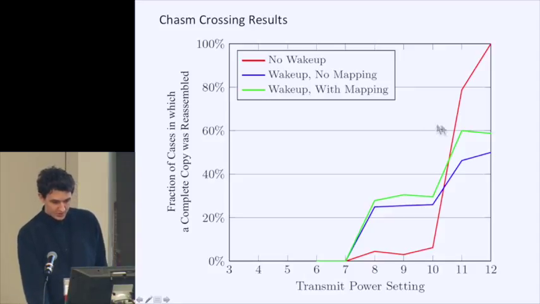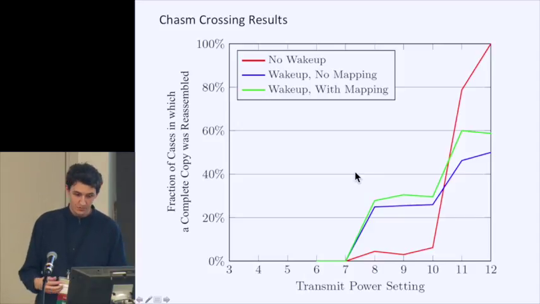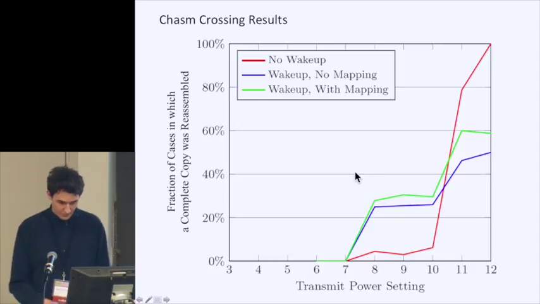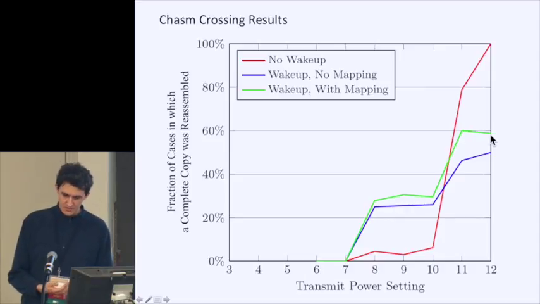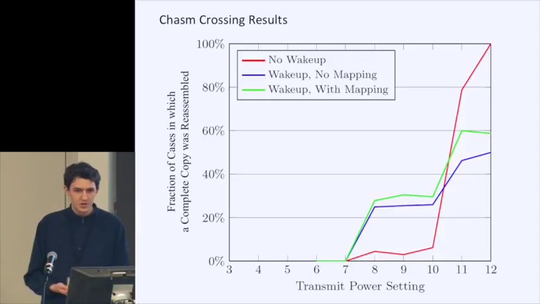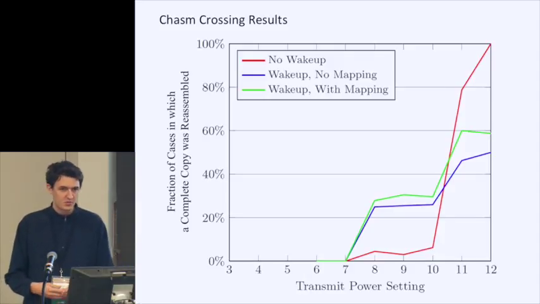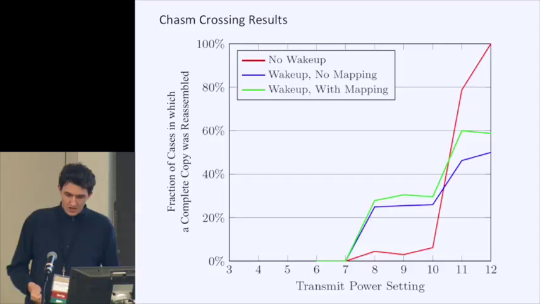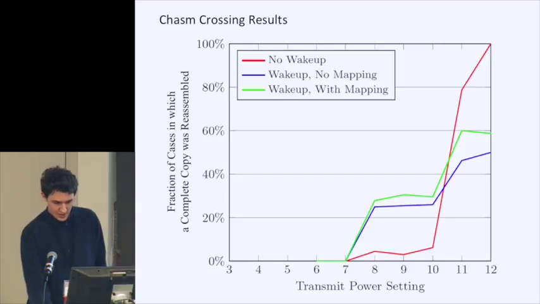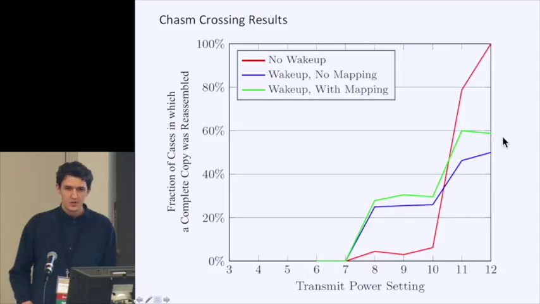Now the interesting part, of course, is our approach using the wake-up header, and you can see before this point, for these widths of chasm, we actually get something. We actually get a lot. We get up to 30% here. And afterwards, after this signal strength is reached, our approach is not worth it anymore because we have to deal with these scrambled symbols and so on. So our approach really shines in this area in the middle here, and well, you shouldn't use it over here.